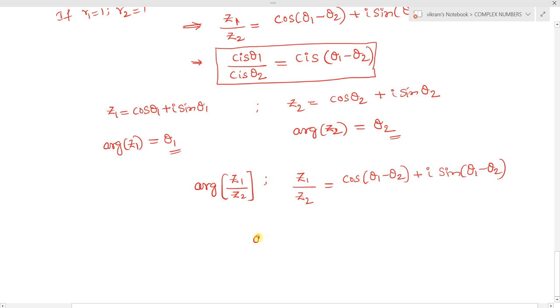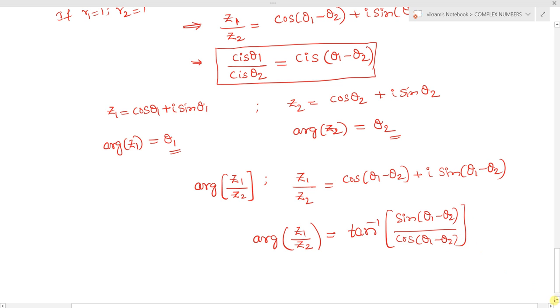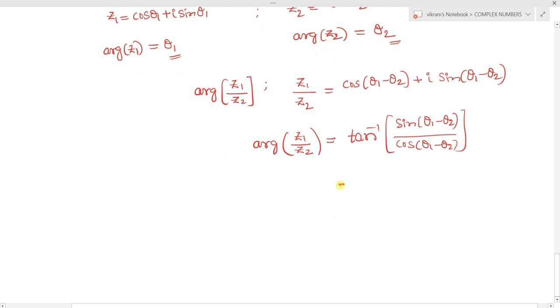Then the argument of z1 by z2 equals tan inverse of imaginary part by real part, sin of theta 1 minus theta 2 by cos of theta 1 minus theta 2, which is tan inverse of tan of theta 1 minus theta 2, which equals theta 1 minus theta 2.